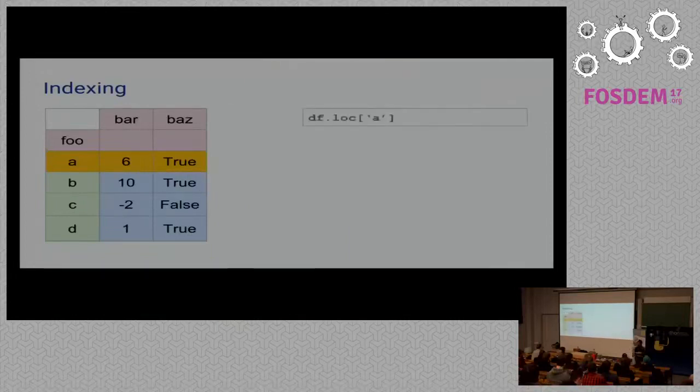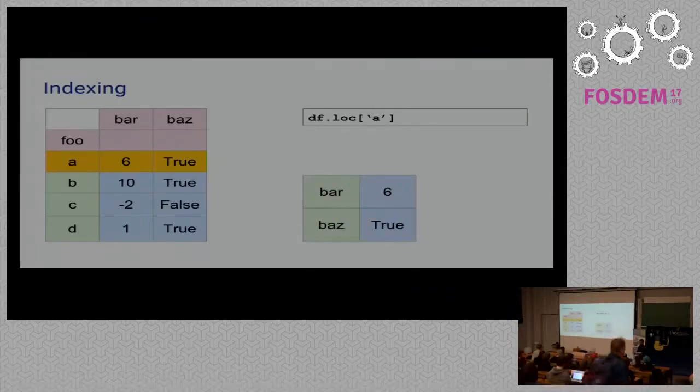Same thing: we want to fetch a row. We can just pass the name of the row, which is now a character A because it's the content of the index. It's the 0th index in this case, and you will get this. You will get a list. Values are, of course, only 6 and True, because A is included in the index now.